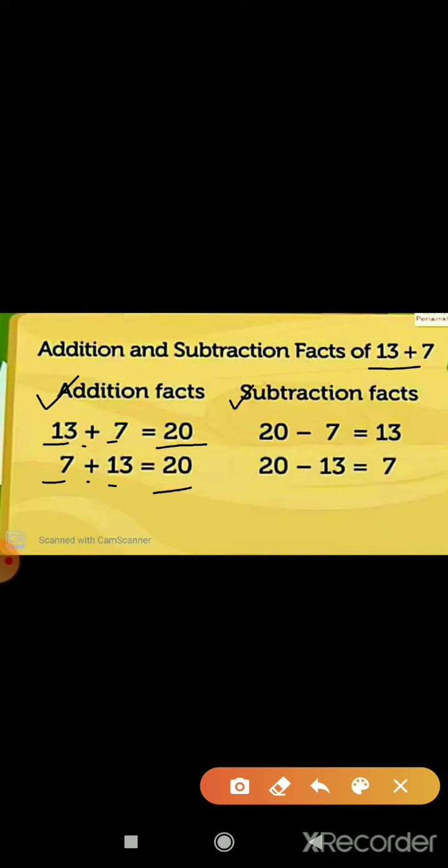Subtraction facts: 20 minus 7 is equal to 13. 20 minus 13 is equal to 7. Got it, students? So these are the addition and subtraction facts of 13 and 7.